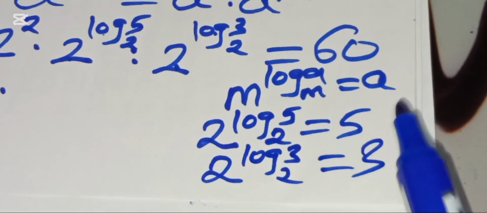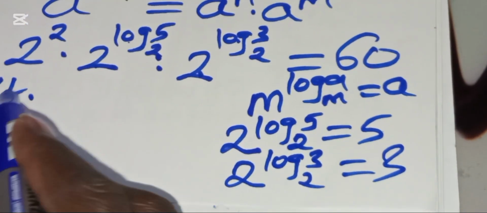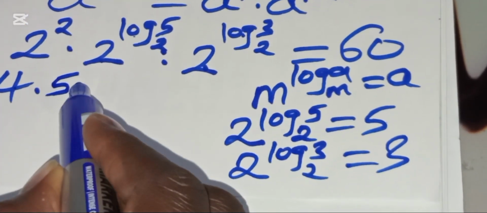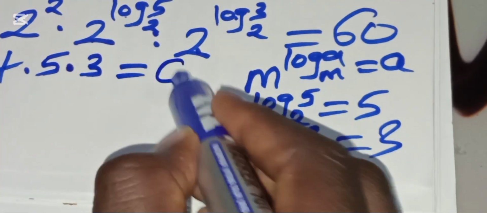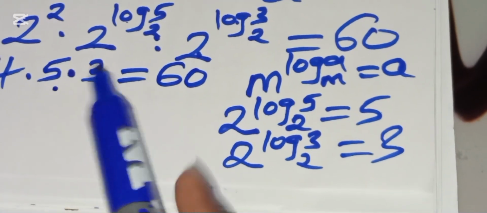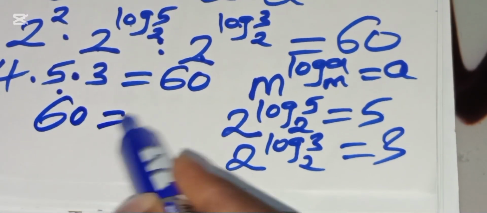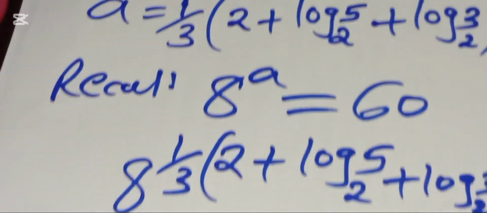Let's substitute 5 and 3 back: 4 times 5 times 3 is supposed to give us 60. 4 times 5 is 20, times 3 is equal to 60. And that verifies the value.